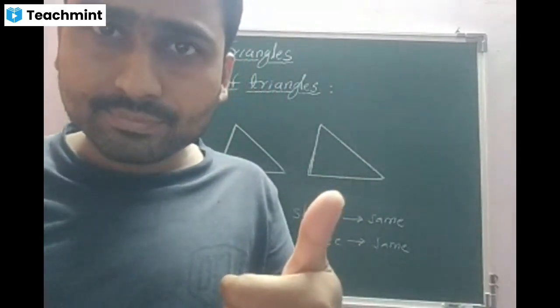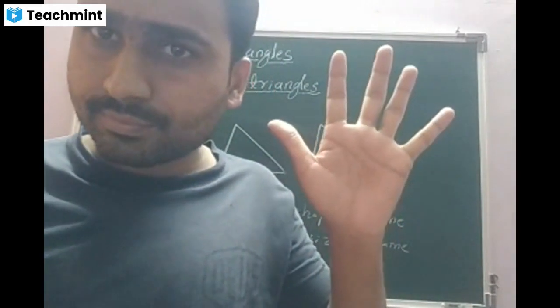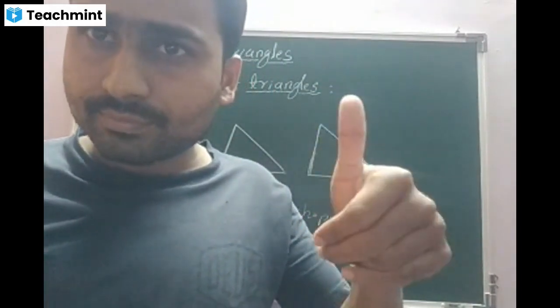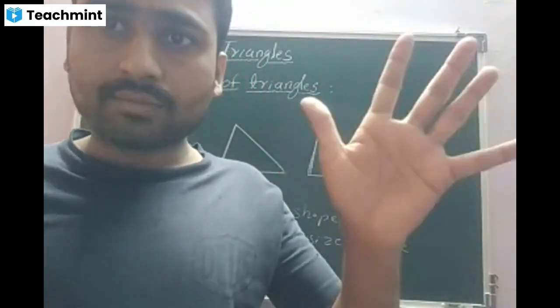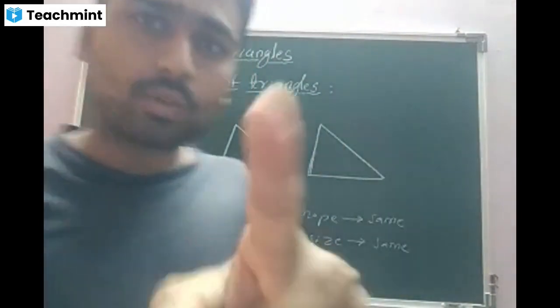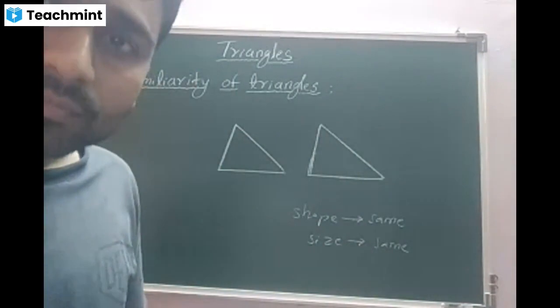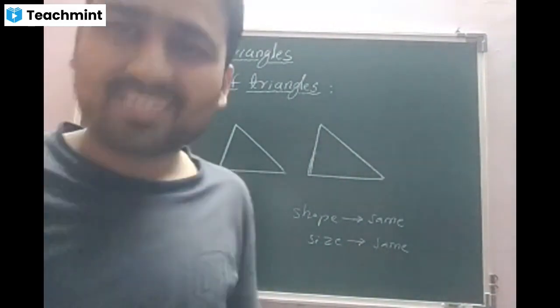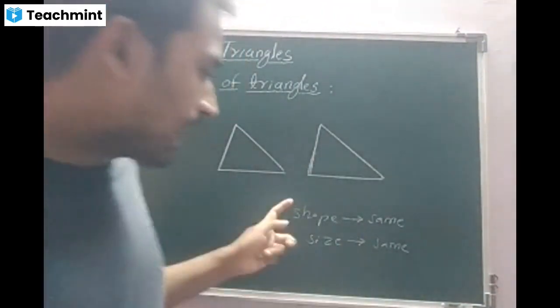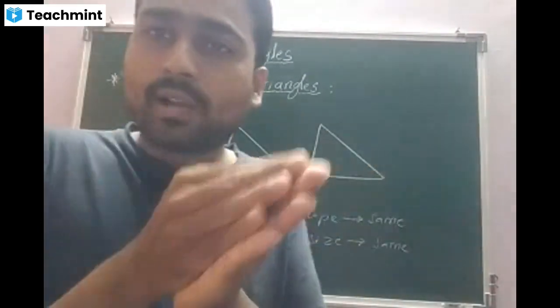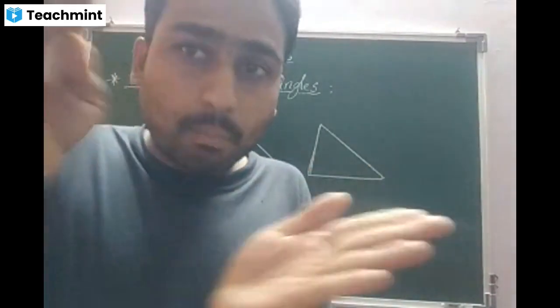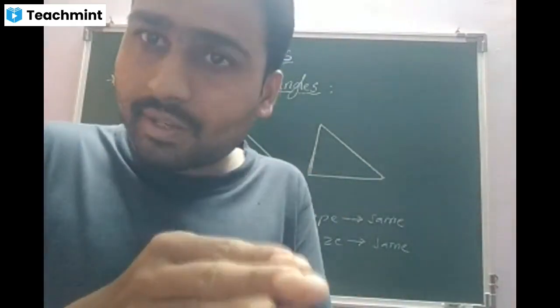Anybody else, beta, want to try the same one? Yeah, Santoshi. Sir, the two triangles which overlap on each other are known as congruent triangles. Yeah, but again, that is the general one: size and shape are same. They will overlap on each other. The merging will take place completely.